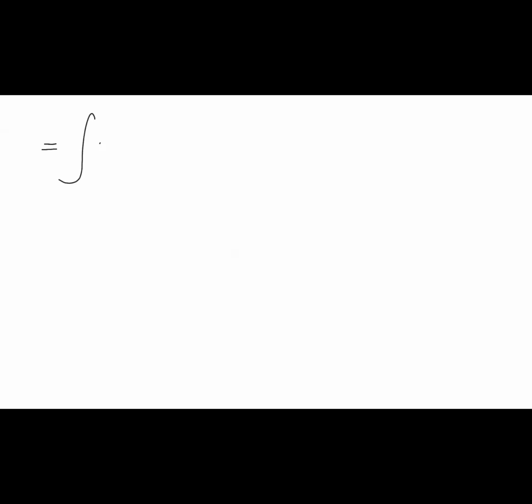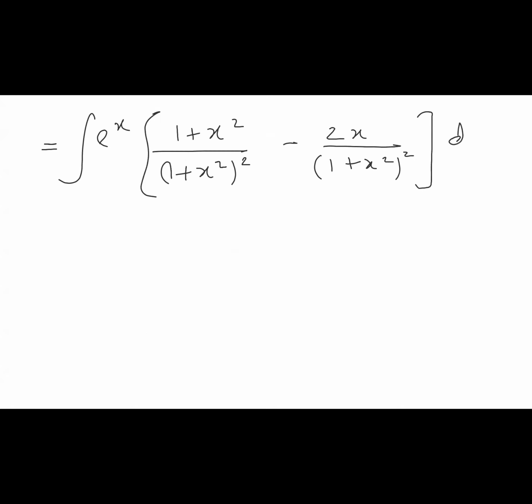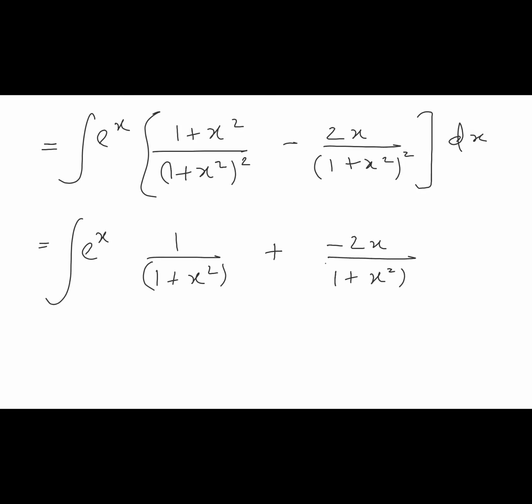So this is equal to e raised to x (1 plus x square upon 1 plus x square the whole square minus 2x upon 1 plus x square the whole square) dx. Fine. So e raised to x (1 upon 1 plus x square plus minus 2x upon 1 plus x square the whole square) dx.